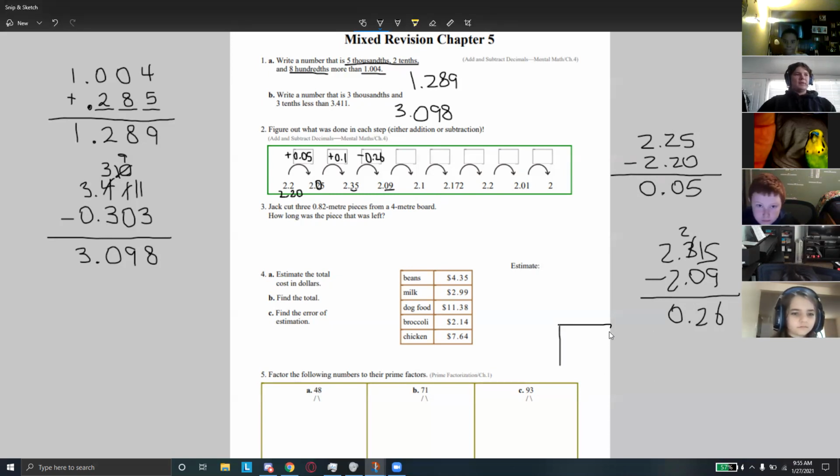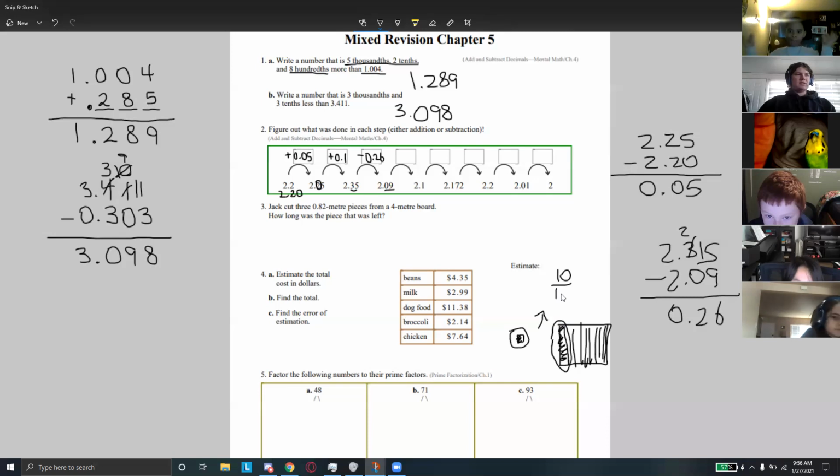See, if I have 100 things, 1, 2, 3, 4, 5, 6, 7, 8, 9, and I have 9 individuals filled in, and then I have 1 individual block, I can add the 1 individual block to 9 blocks to make 10 blocks out of 100 blocks, which is equal to 1 tenth. So, yep, we're just going to be adding 1 hundredth here. 2 and 9 hundredths plus 1 hundredth is 2 and 1 tenth.